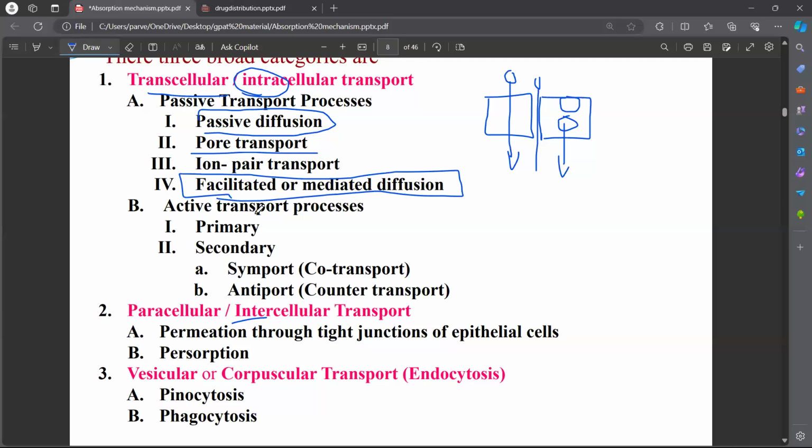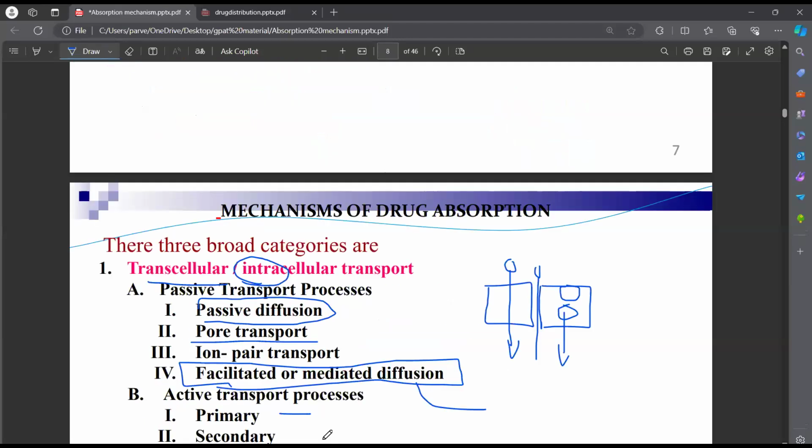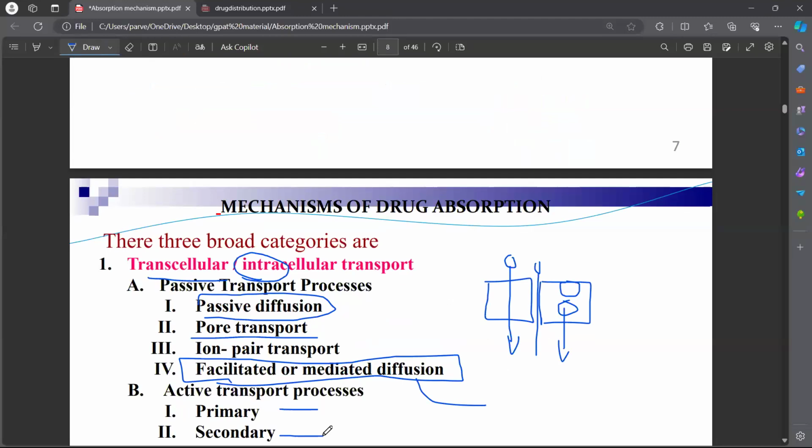While coming to active transport, say what is the main difference between primary and secondary active transport? Why is there a special classification?